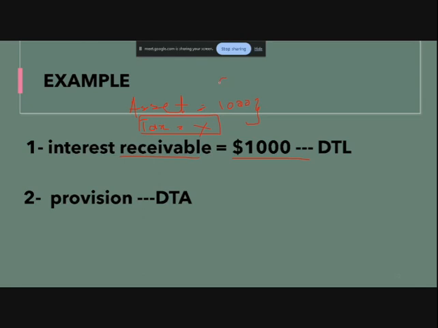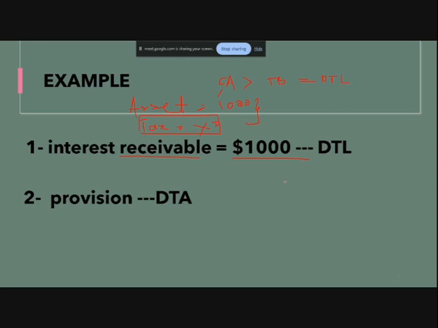So what's the case? The carrying amount of our asset was 1,000; in tax base it's zero. It's not equal, right? So our carrying amount of asset is greater than tax base. So this will give rise to deferred tax liability.